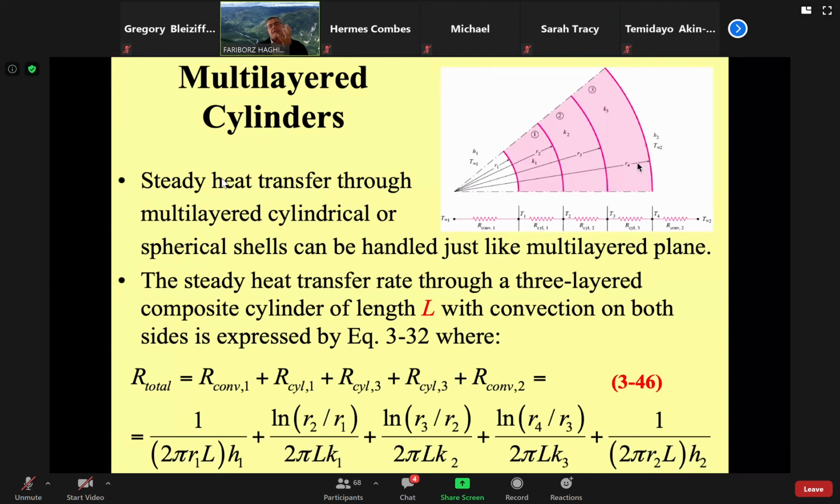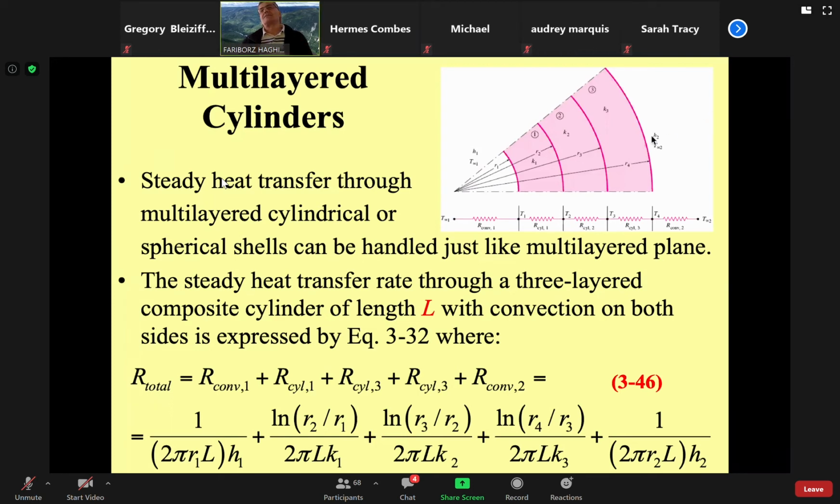If I make, rather than 4 centimeter of insulation here, the thickness 10 centimeter, what will happen to this R4? It is going to increase. If I have more area, what will happen? I have more heat transfer. Can you see it?